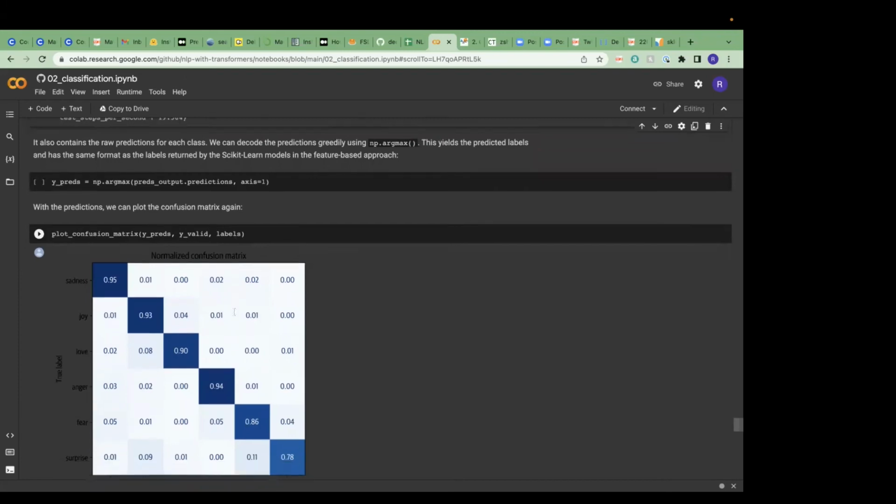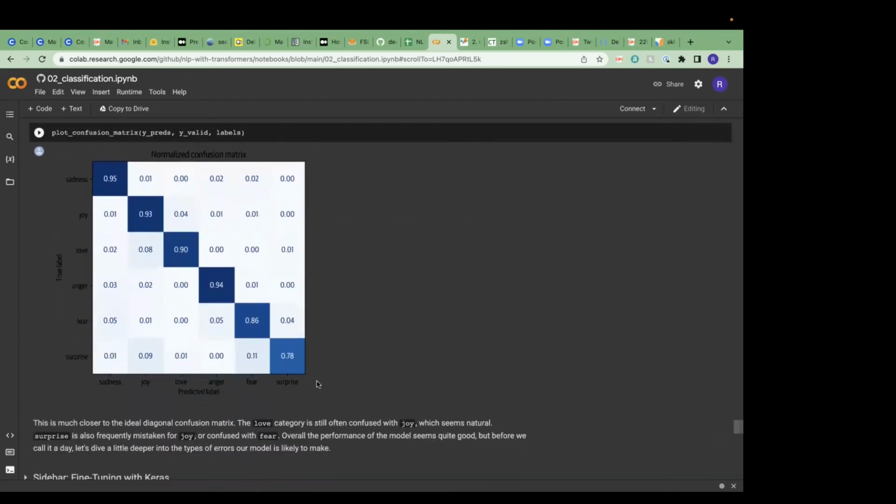Yeah, so they plot the confusion matrix. It's much better than the previous confusion matrix, where most of the mass in the surprise examples was in joy and fear. You can still see that there's some amount of mass, like 20% of the mass, in joy and fear.